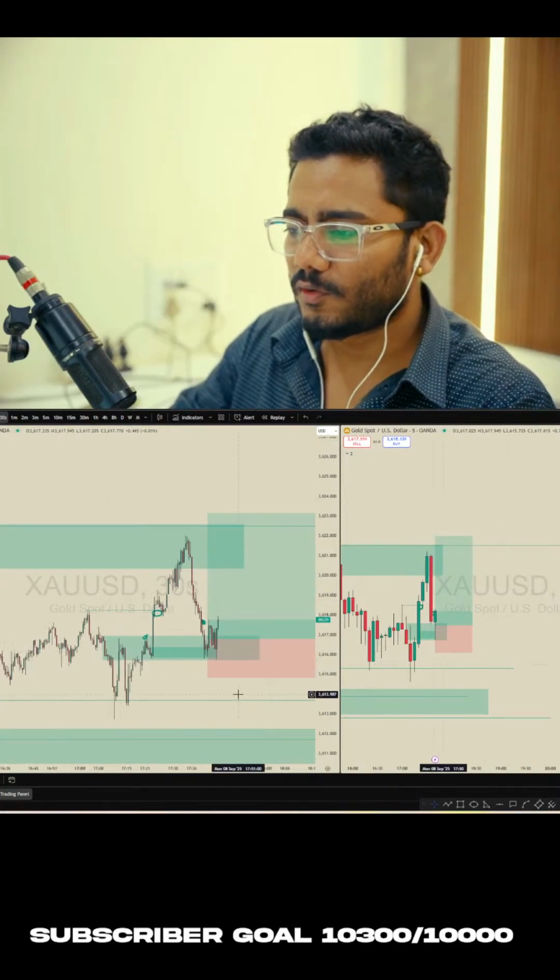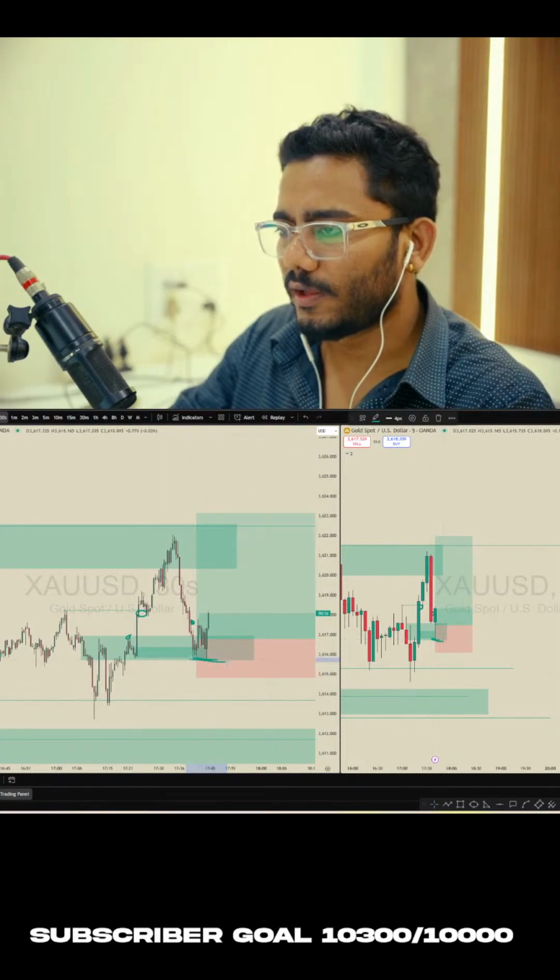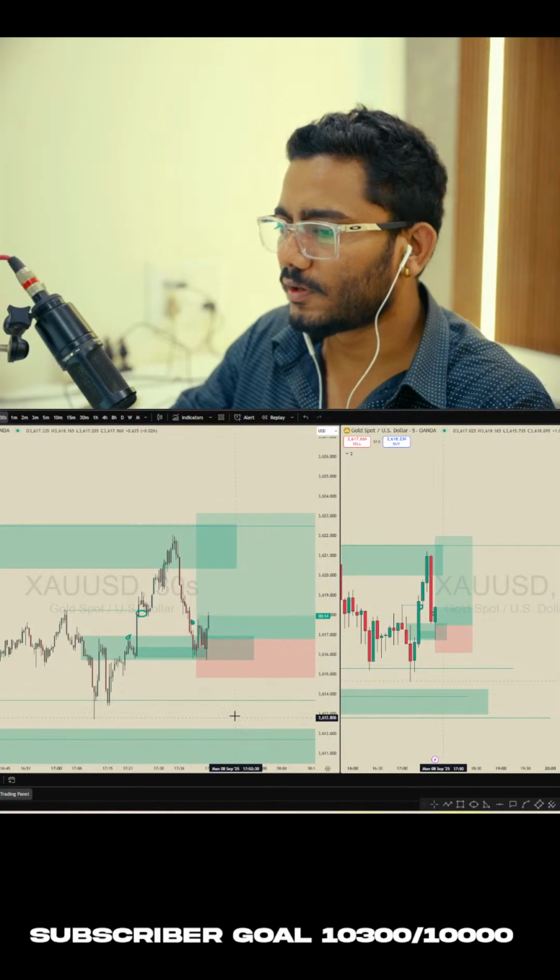This is something we want to see. Like here, price took out this low. Now it has created a strong low where price will continue to the upside.